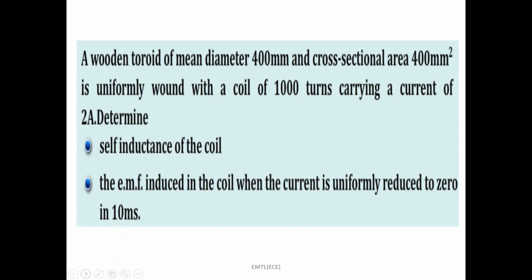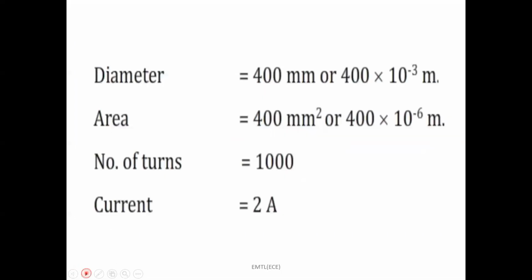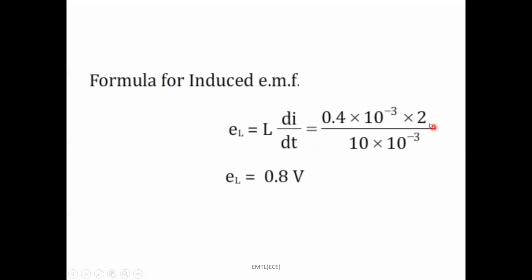So 2 is the change in the current, that is dI, and the change in time is 10 milliseconds, which in seconds is 10 × 10^-3. By simple cancellation of the 10^-3 terms, 2 by 5, and 0.4 by 5, that is equivalent to 0.8 volt.